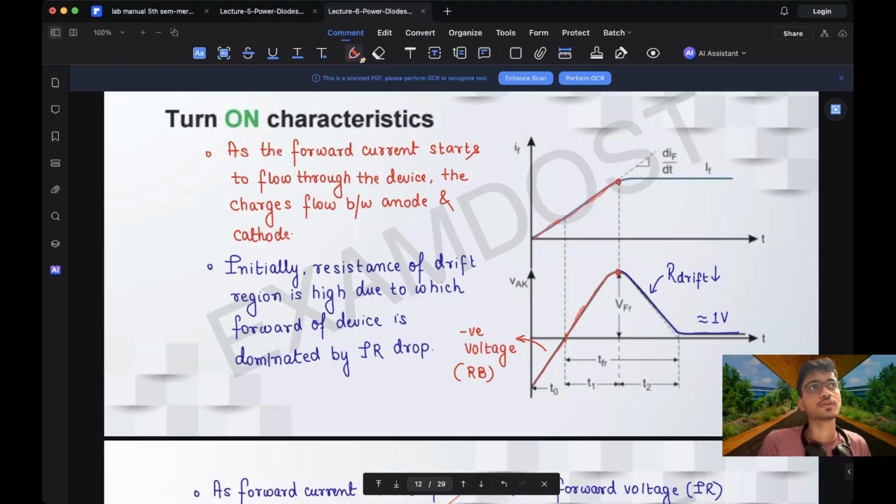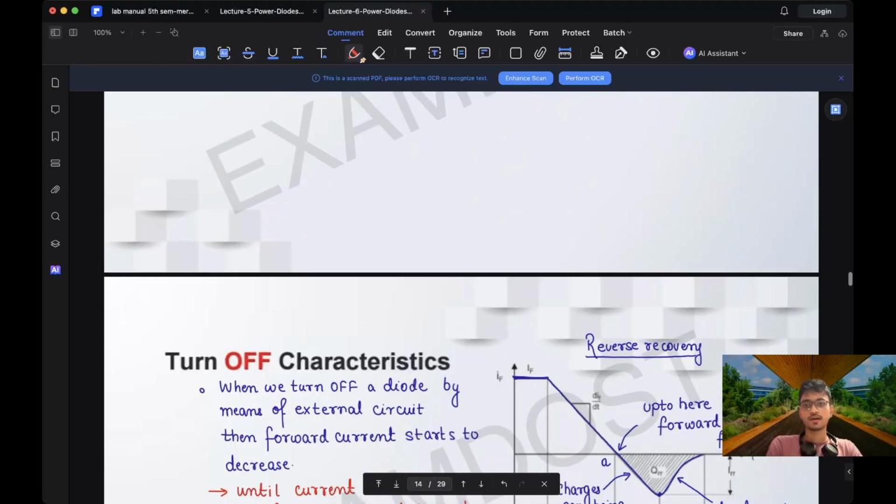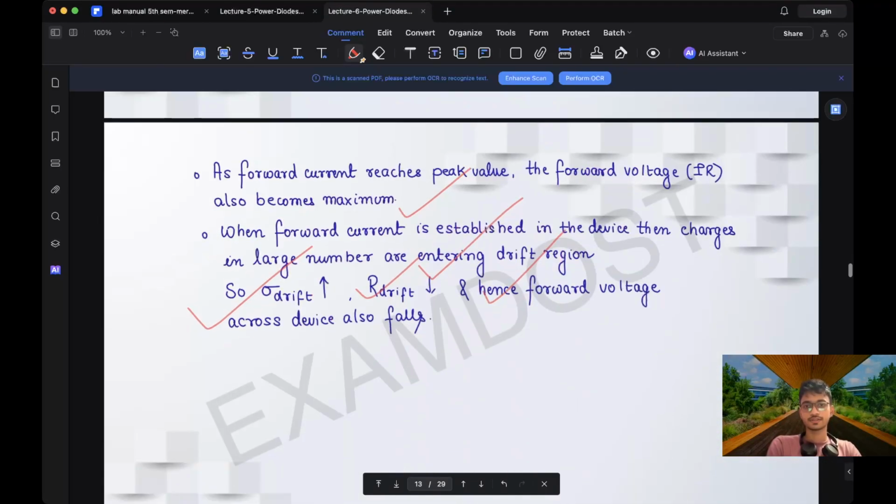Then R on would be low, and that is why it just dropped. So that is the turn on characteristics.